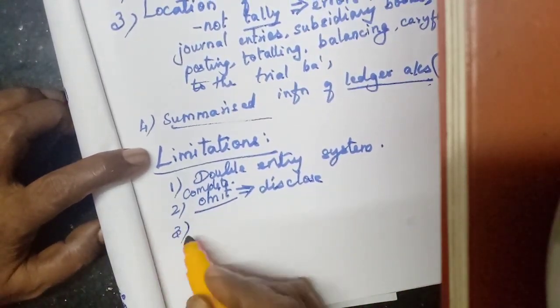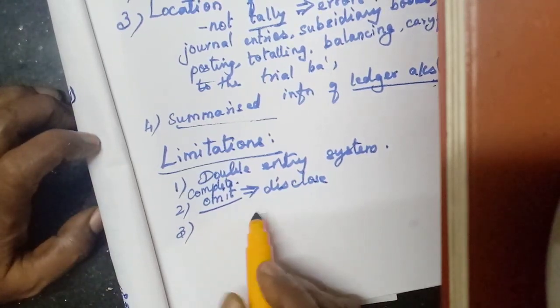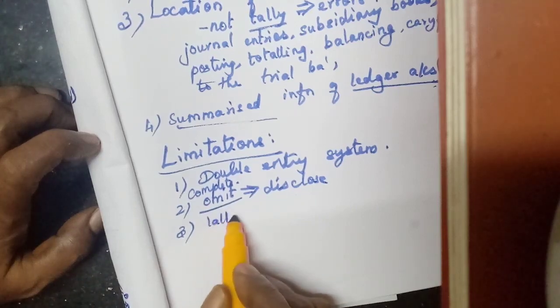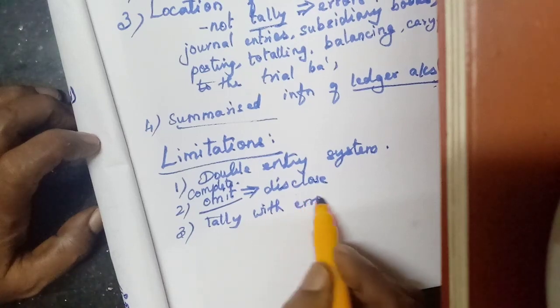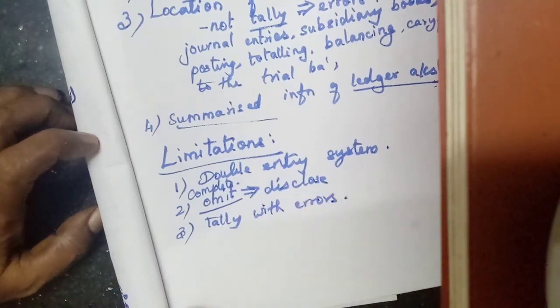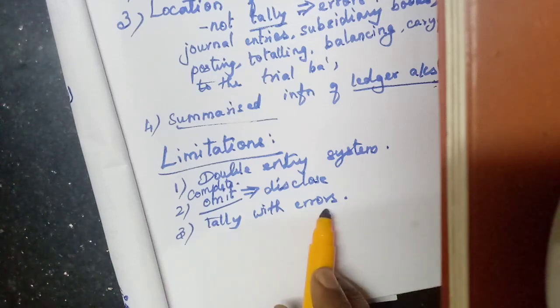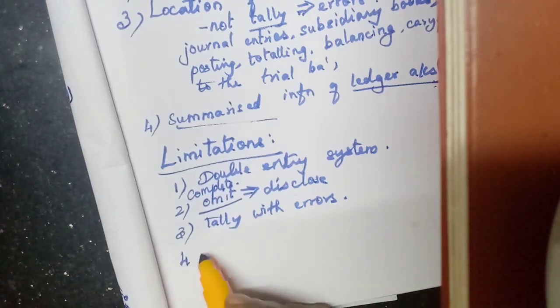Another one: many errors may be there, and even if some errors are there, the trial balance will tally. That is another drawback. We cannot say that because it tallies, it is correct and there is no error. Even if there are some errors, the trial balance may tally.